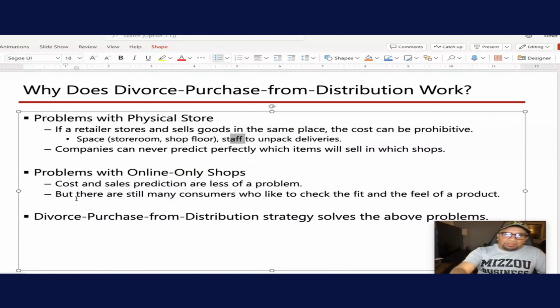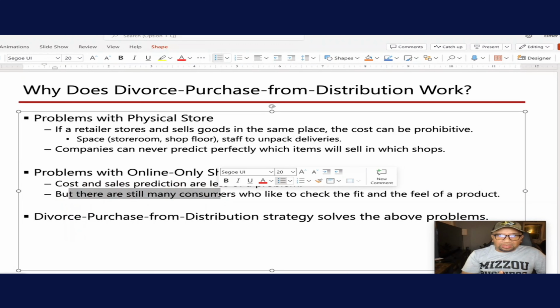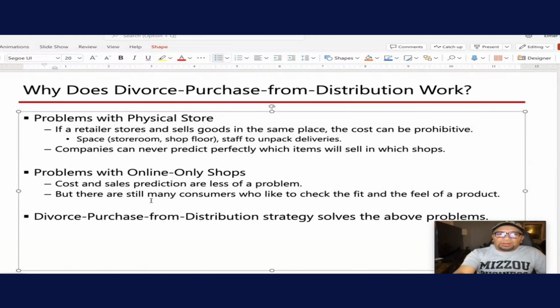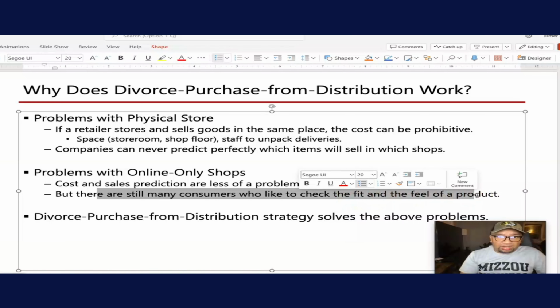And it certainly meets a need because just like in the Best Buy scenario that I talked about, there are still many consumers who like to check the fit and feel of a product. So there's just going to be no replacement, no substitute to that, right?